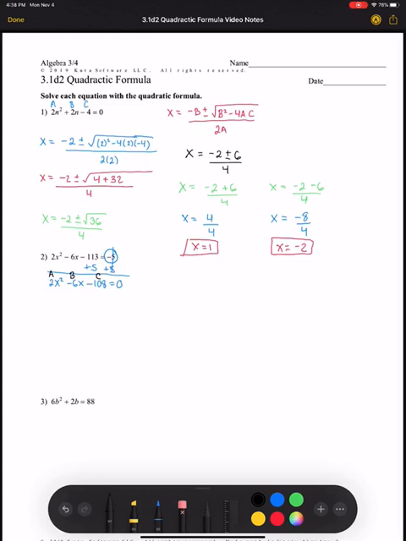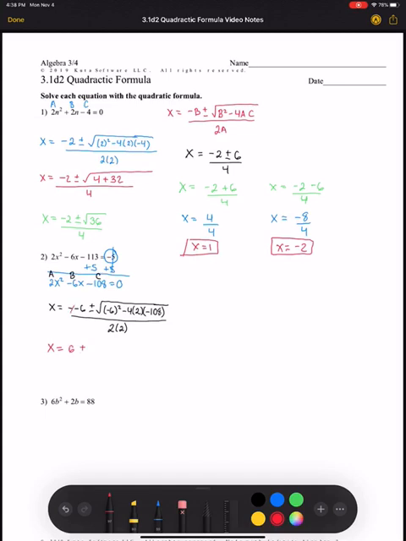Again, I'm going to plug all of this into the quadratic formula. So I have x equals negative b. b is already negative, so negative 6 plus or minus the square root of b squared minus 4 times a times c all over 2 times a. So we're going to start simplifying inside the radical now. X equals negative 6. This is going to be positive.